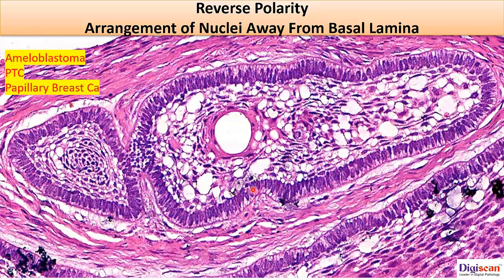In this, the nuclei are arranged away from the basal lamina, meaning they are towards the apical side of the epithelium. We can see there is a gap between the basal lamina and the nucleus. So this is reverse polarity of the nuclei, and this is generally seen in conditions of ameloblastoma or papillary thyroid carcinoma and some variants of papillary breast carcinoma.